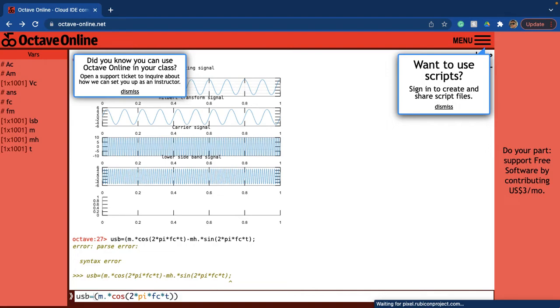There should be two brackets, that was missing.